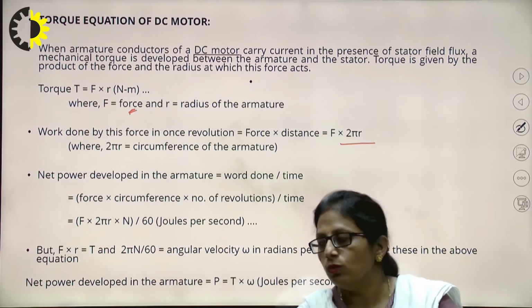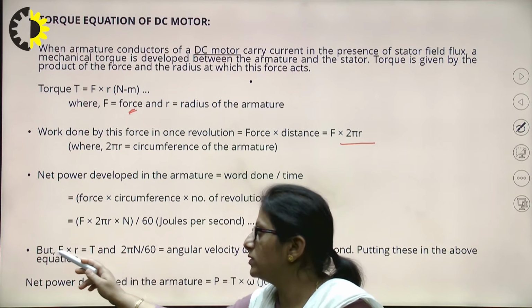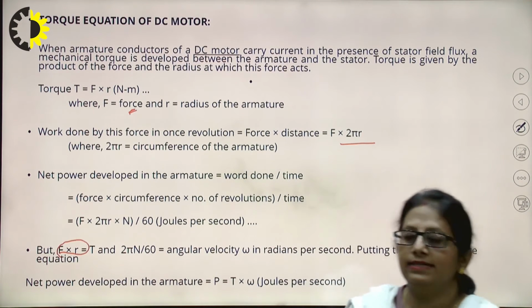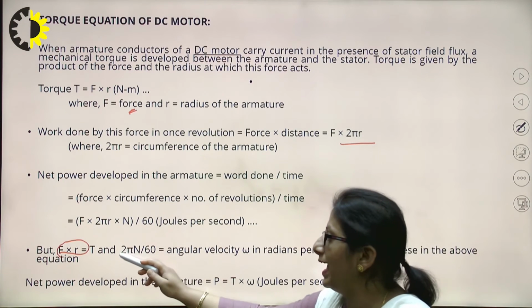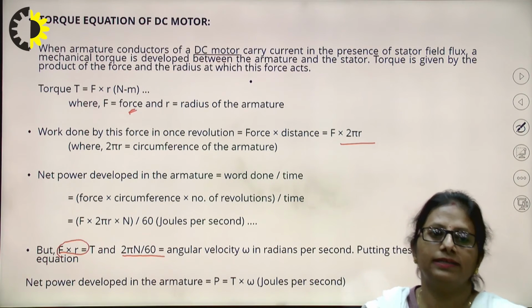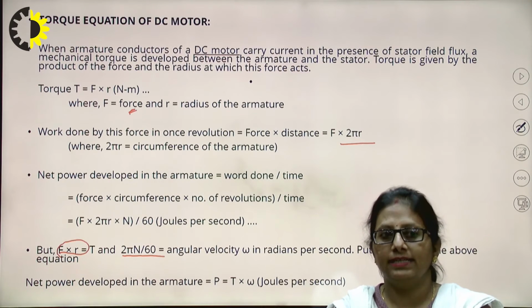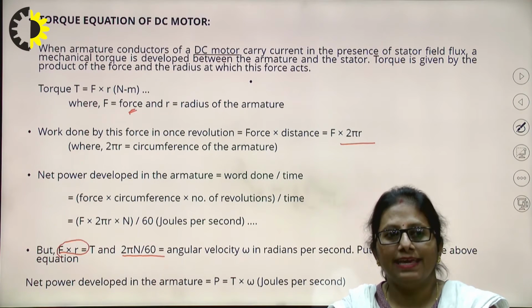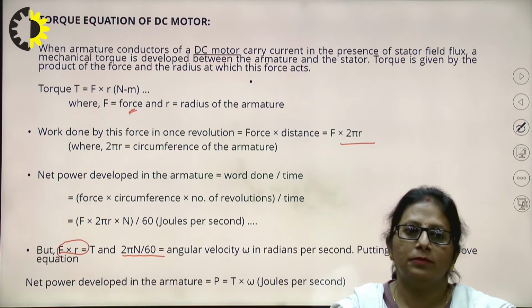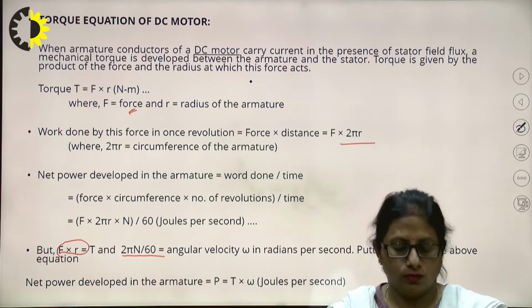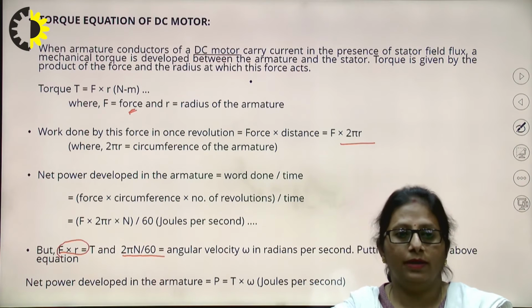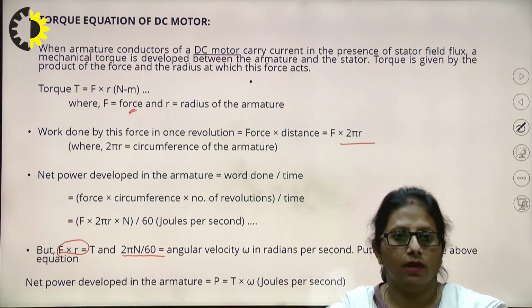But we also know that F into r gives us the torque, and 2 pi N by 60 is nothing but the angular velocity omega in radians per second. So putting these in the above equation, the power developed in the armature is given by P equals the torque multiplied by the angular velocity omega, joules per second.